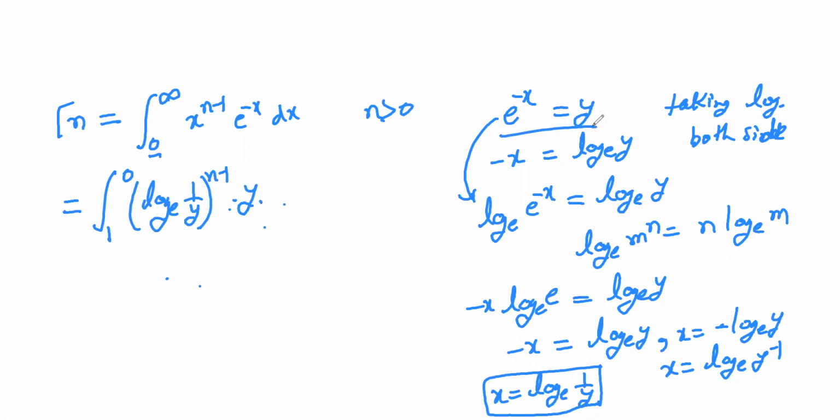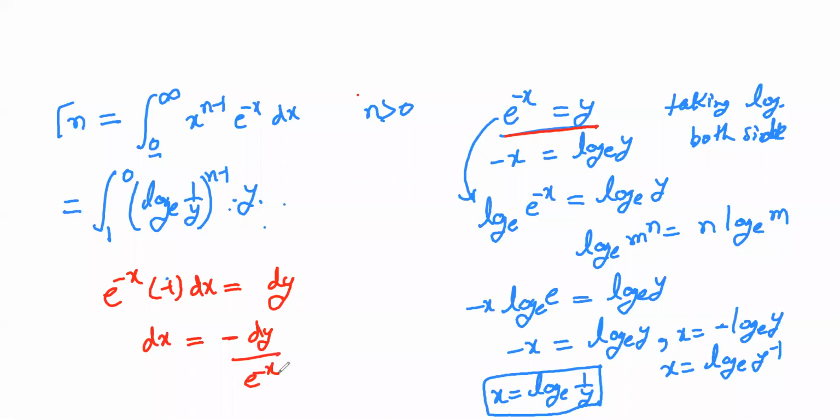If I differentiate, what will I get? e raised to minus x into minus 1 dx is equal to dy. So dx will be minus dy upon e raised to minus x, so it will be minus e raised to x dy. So can I write minus 1 upon y dy? So dx will be minus 1 upon y dy.